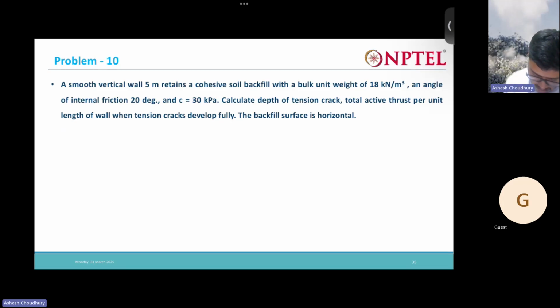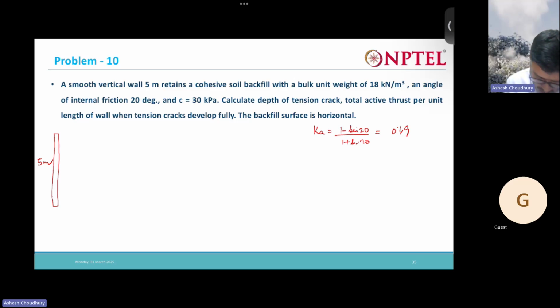Okay, so you have a 5 meter high wall. So what is my Ka? 0.49.